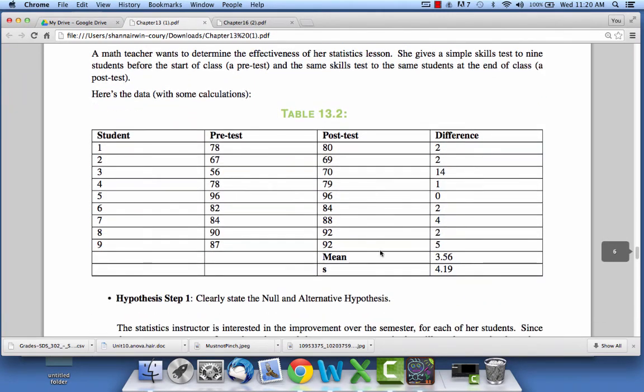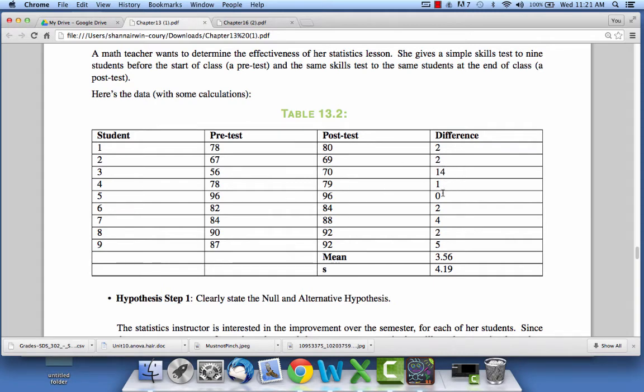So now they're going to look at a teacher who gives a simple skills test before a class and after a class, and she's looking at whether their scores went up. The reason that the differences are all positive is not because you just say, oh, the difference between them is blah, and take the absolute value. It's because they actually all did go up.